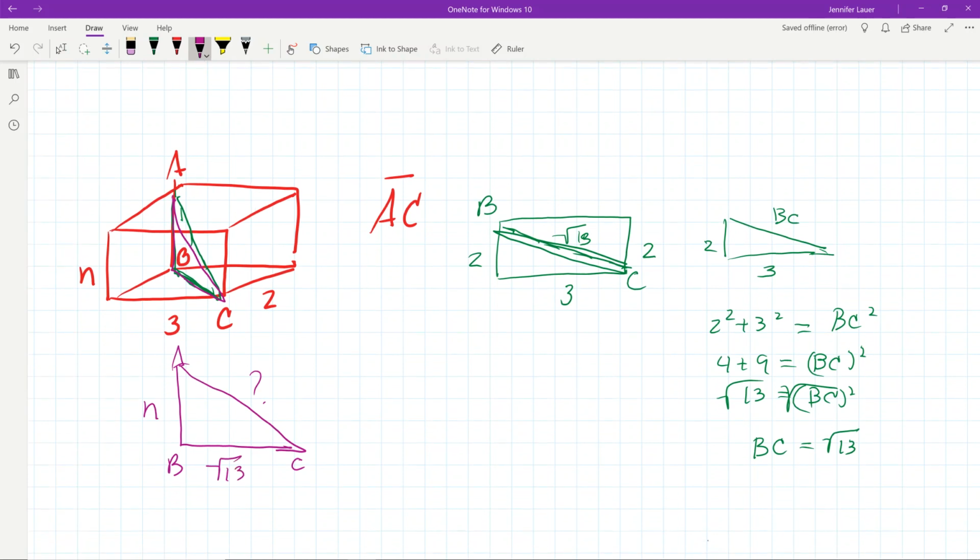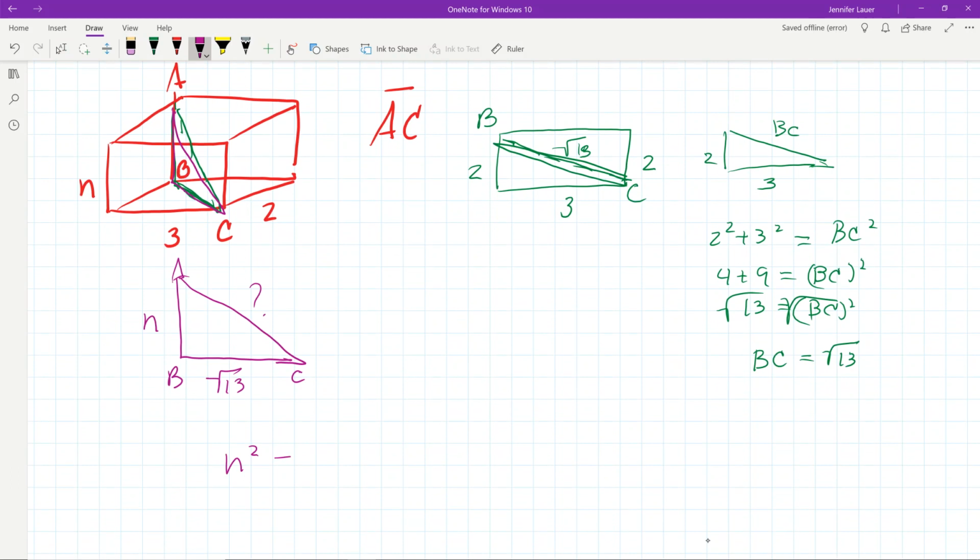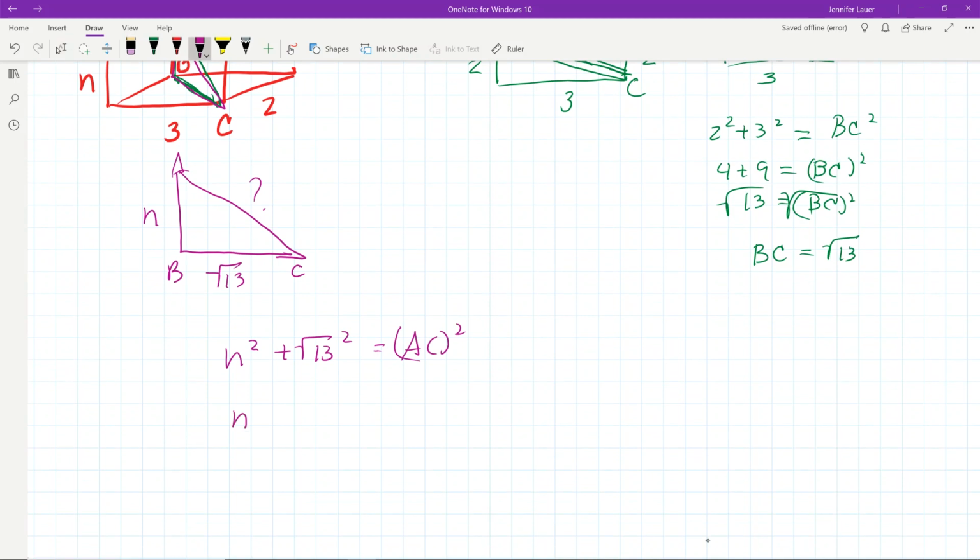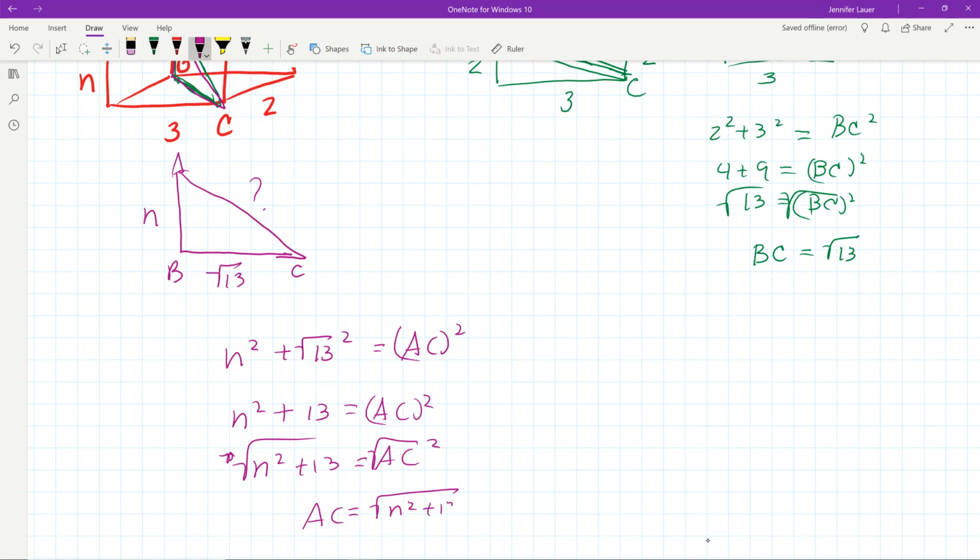So now it's just Pythagorean theorem again. So it's N squared plus radical 13 squared is equal to AC squared. So N squared plus 13 is equal to AC squared. There's not much you can do here. If we take the square root of both sides, we can see that AC is equal to the square root of N squared plus 13.